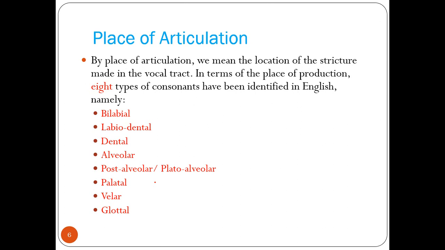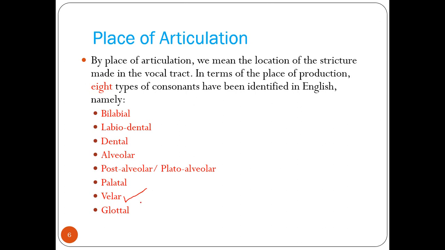Palatal sounds are sounds which are produced with the help of the center of the tongue and the roof of the mouth cavity, or palate. And then we have got the penultimate classification, velar sounds, which is basically the back of the tongue with the soft palate.